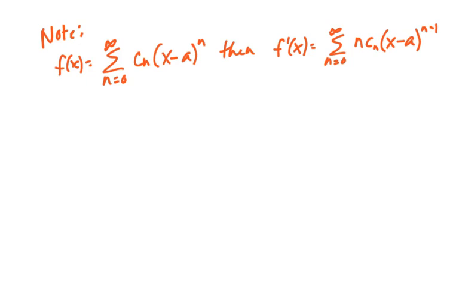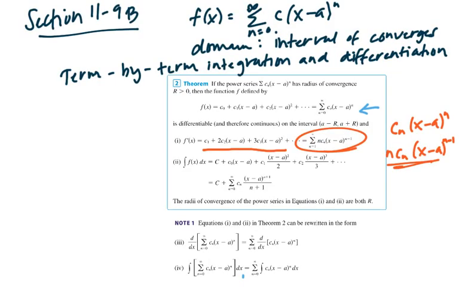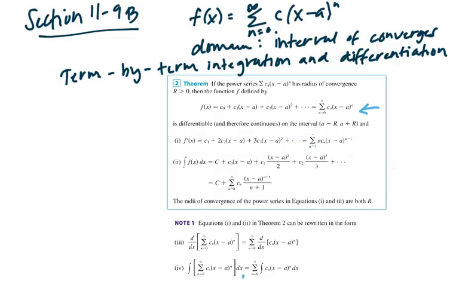Now let's go back and talk about the integration. Let's start again. If we integrate some constant here, we get c0 times x minus a. And if we integrate c1 times x minus a, remember the x is your variable.